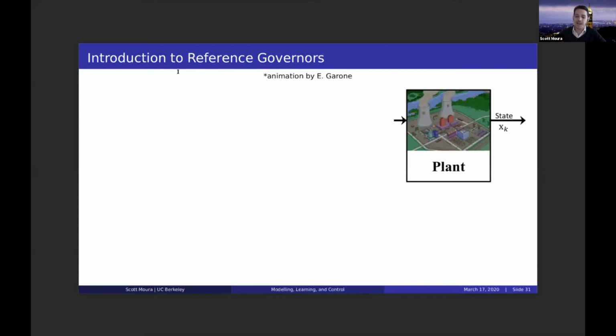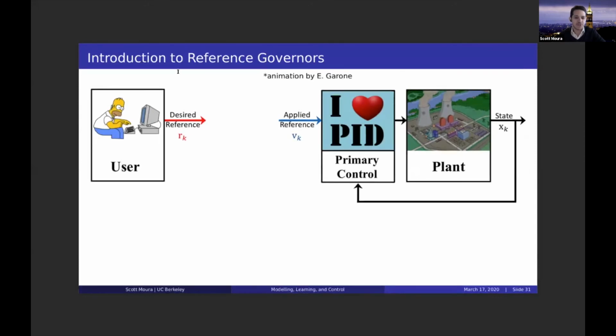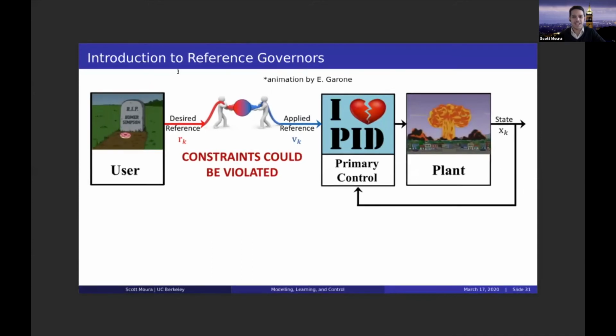So imagine that you have this nuclear power plant with some measured state, and you have some existing controller around it, like a BMS in a battery or proportional integral derivative control for this nuclear power plant, and you apply some reference commands, some reference set point. And then here comes the user and says, here's my desired set point that I want to move the system to. And we plug these things together, but unfortunately constraints could be violated, and then we're in trouble because something unsafe happens, and that's no good.